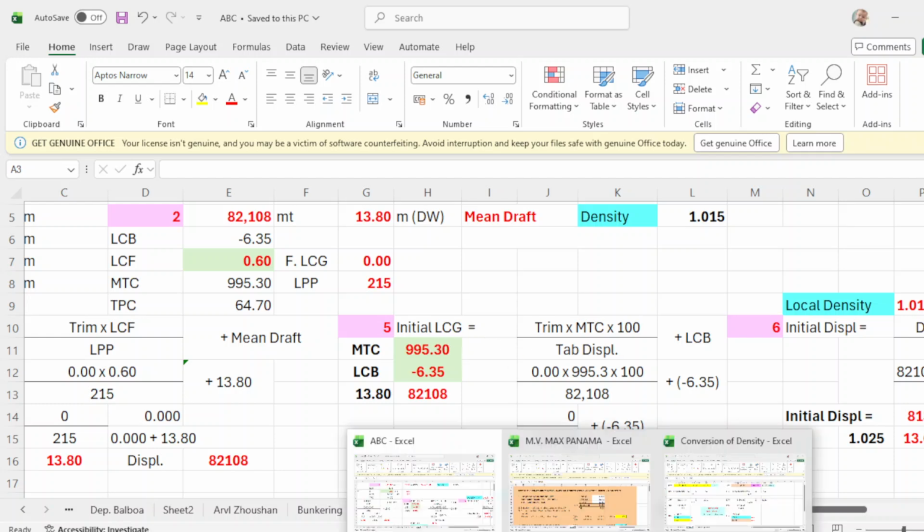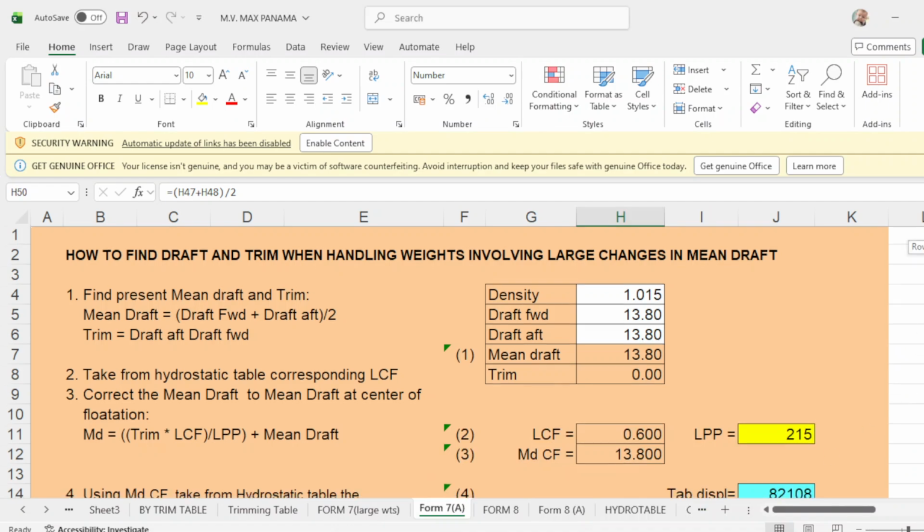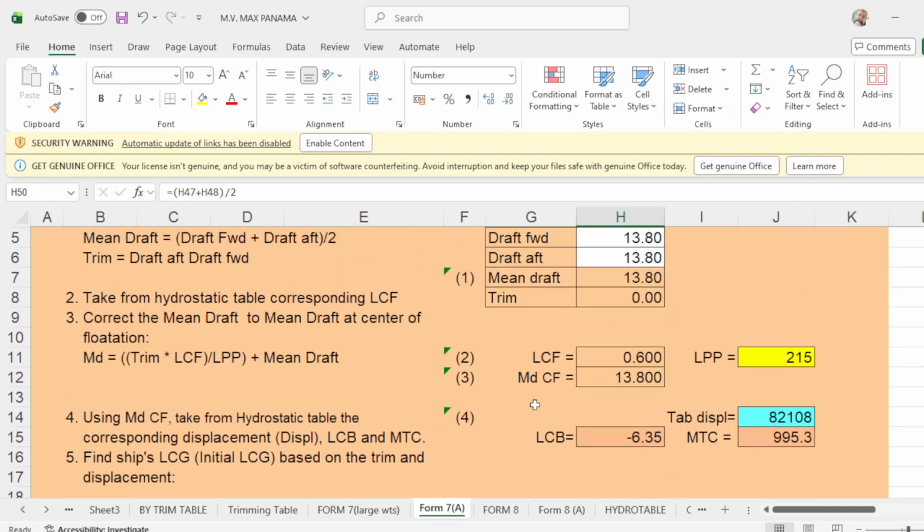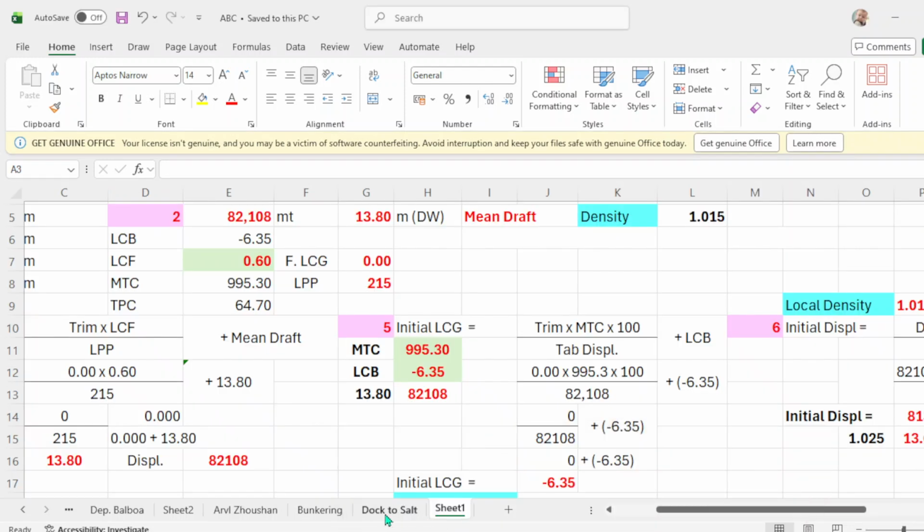So the next number 5. On number 4, we have already this. Number 4, we have used the mid center rotation. Take the hydrostatic table, corresponding displacement. Look for LCB and MTC. So with the displacement, look for LCB and MTC. So that will be number 4. We go to number 4.